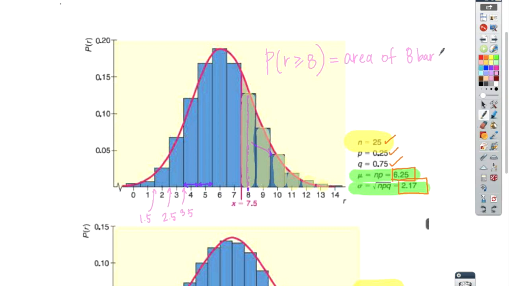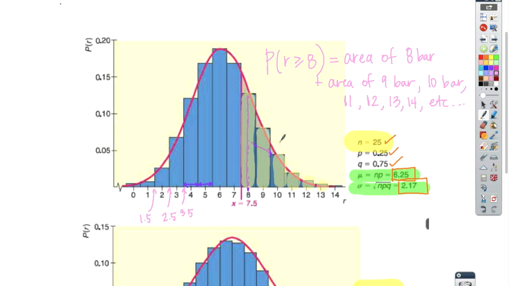Okay, so the area of the 8 bar plus the area of the 9 bar, the bar above 9 right here, the 10 bar, the 11, the 12, the 13. They start getting smaller and smaller at this point, but still we want to add up all their areas. I want to find the area of that entire bar above 8.